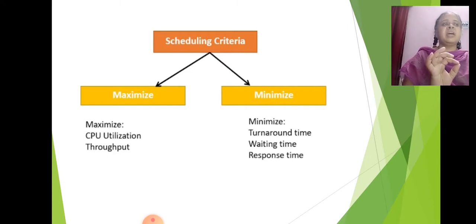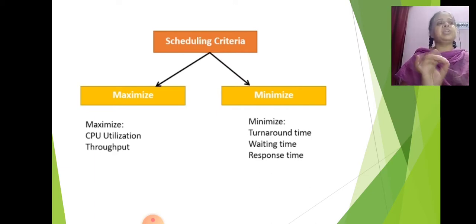The interval from the time of submission of a process to the time of completion of a process is known as turnaround time. Turnaround time is the sum of the periods spent waiting to get into memory, waiting in the ready queue, executing on the CPU, and doing I/O.